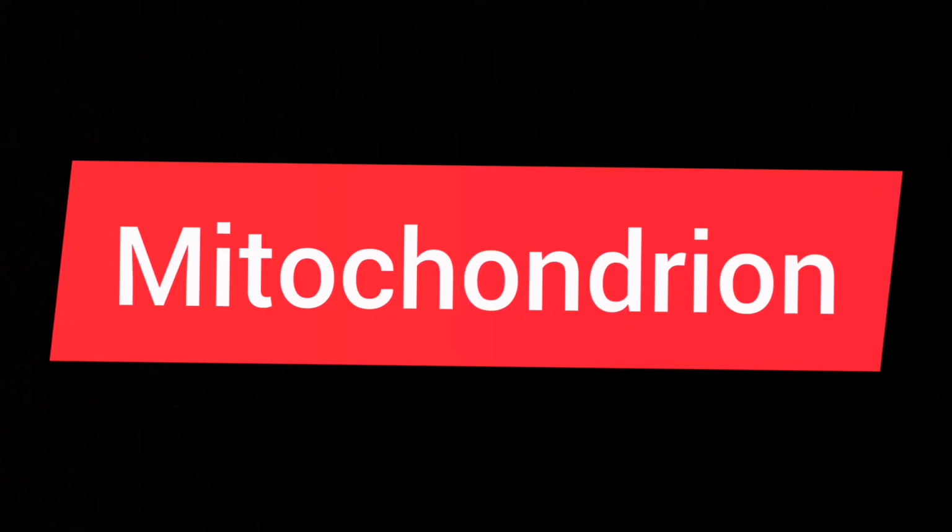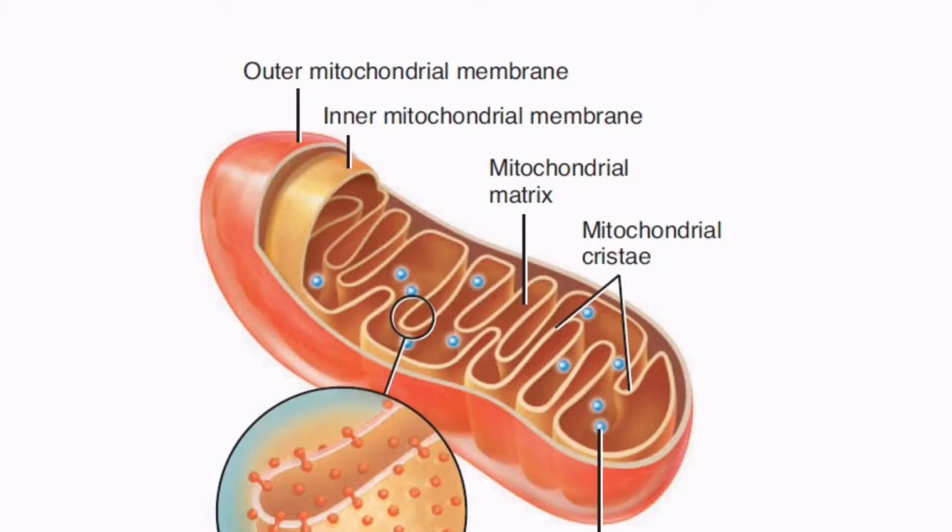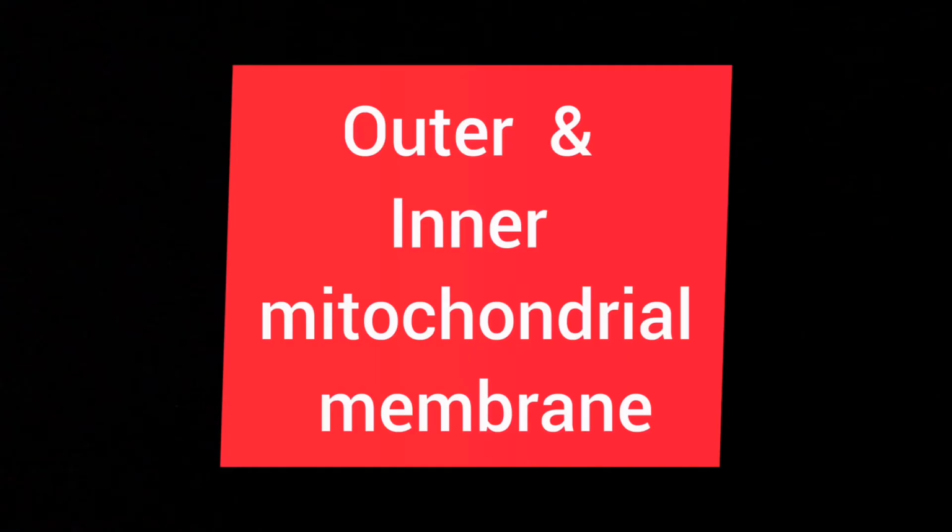Next cell organelle is mitochondrion, otherwise mitochondria. This is the picture of mitochondria. This marked region represents mitochondria. It is referred to as the powerhouse of the cell. This is the detailed image. It consists of an outer mitochondrial membrane as well as an inner mitochondrial membrane.